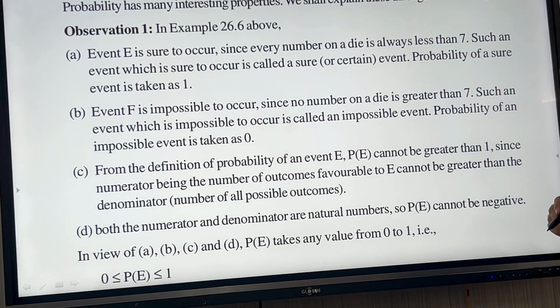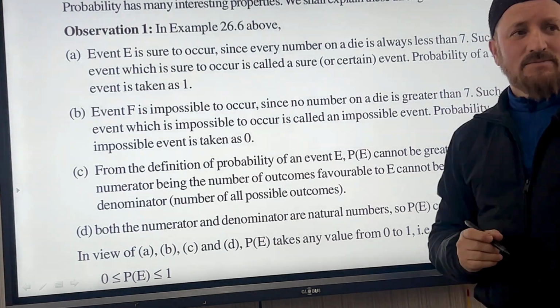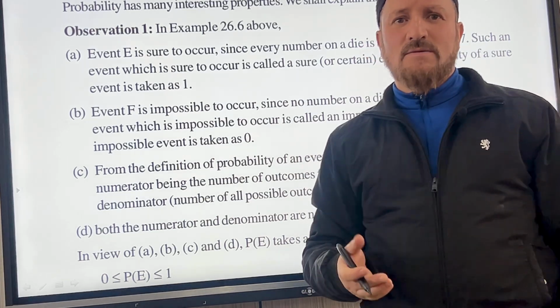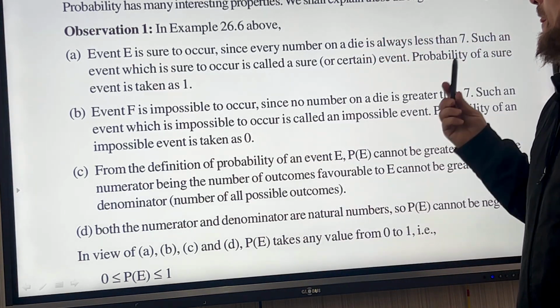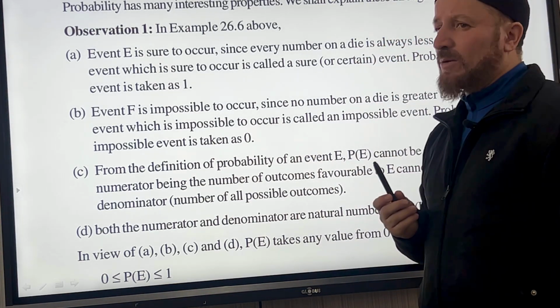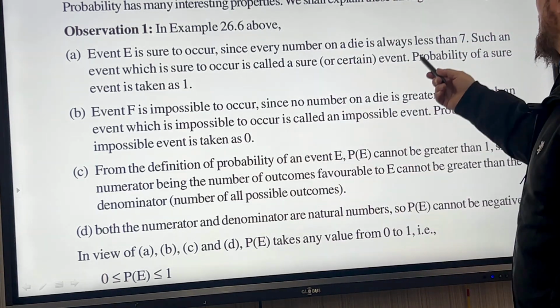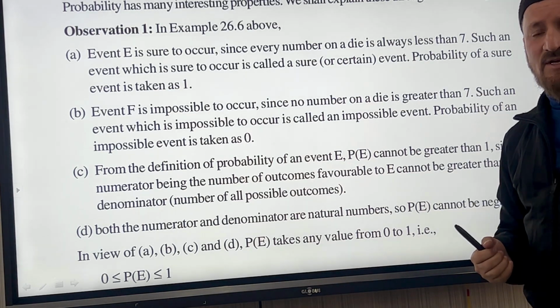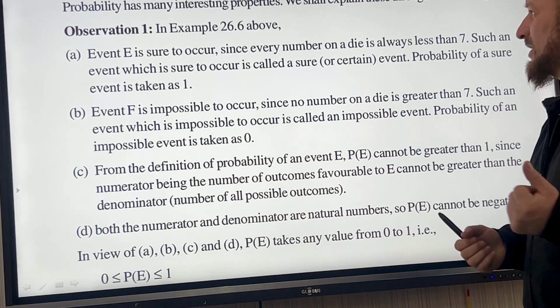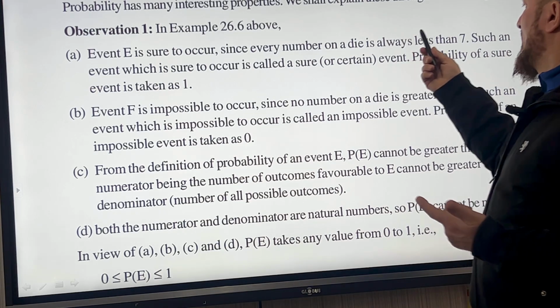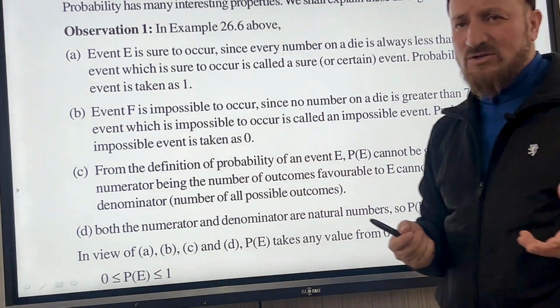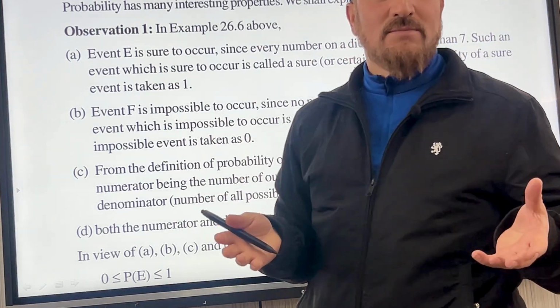Does it make sense? So let us churn probability a little more. Let's go deeper into it. Probability has many interesting properties. Like we have seen in example 26.6 on the top, there was the die, where we talked about 7. Is the 7 there or not? When we say the number is less than 7, it is sure shot that it will come.